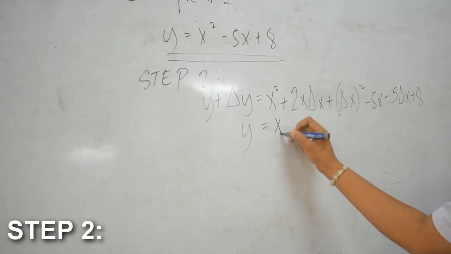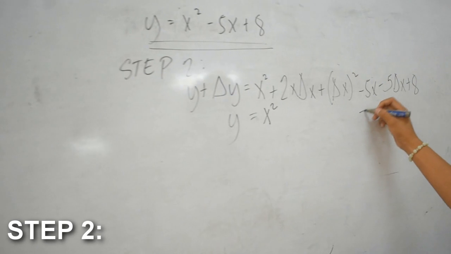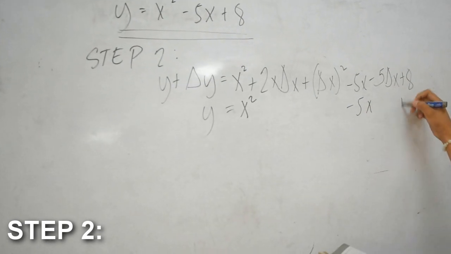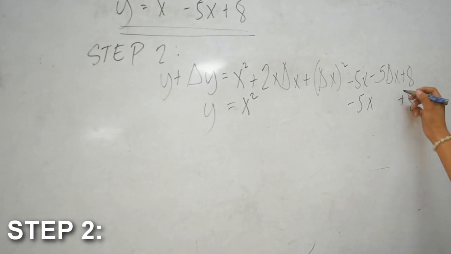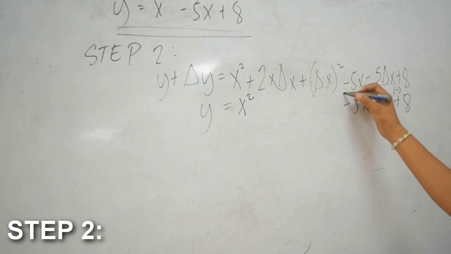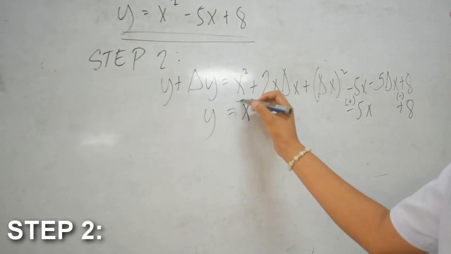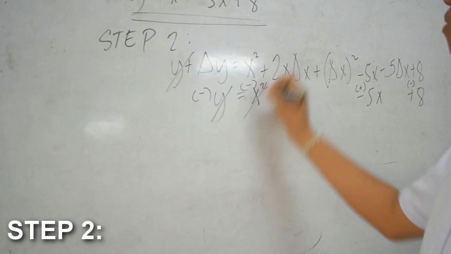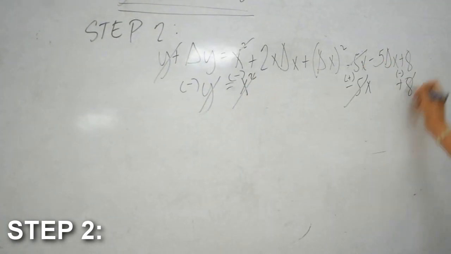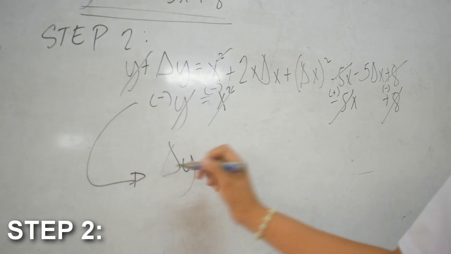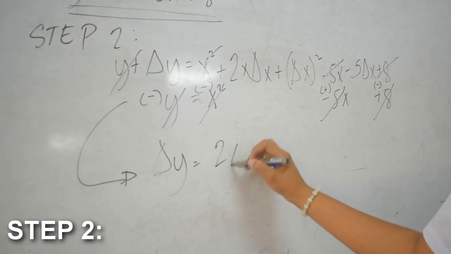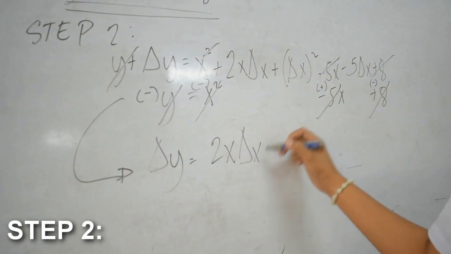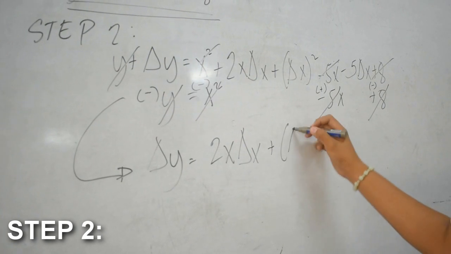Step 2. Find delta y by subtracting the given equation from the equation obtained in step 1 and then simplify. We have the equation y equals x squared minus 5x plus 8. Then, let's subtract this from the newly obtained equation in step 1. The final answer will be delta y equals 2x delta x plus delta x squared minus 5 delta x.